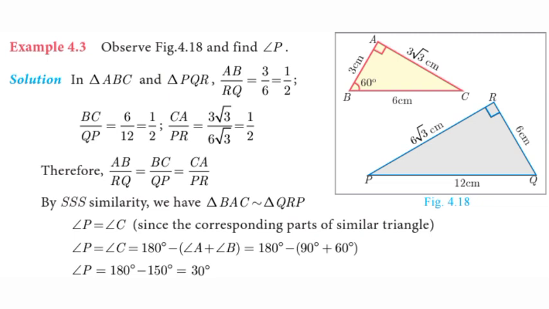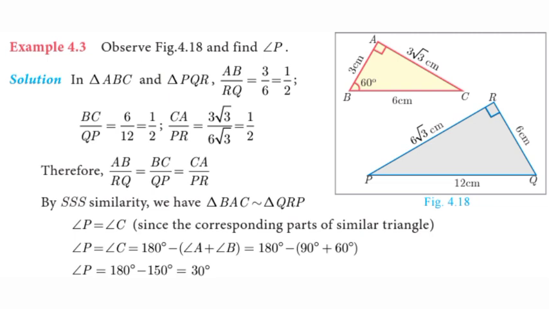Therefore angle P equals 180 degrees minus 90 plus 60. What is the answer? 90 plus 60 equals 150. Therefore 180 minus 150, that equals, what is the answer? 30 degrees. Therefore angle P equals 30 degrees. Can you understand? Very simple.